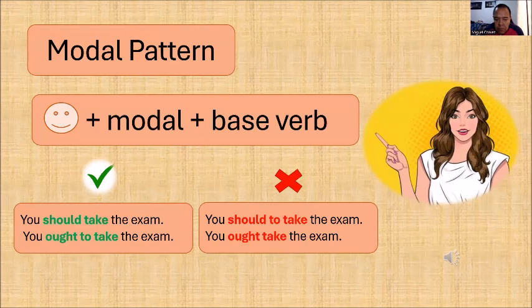For example, ought to plus base verb, like you ought to take the exam. Not ought plus infinitive verb, like you ought take the exam. It's easier to remember never use an infinitive verb with a modal, but you'll have to remember that some modal expressions include to.